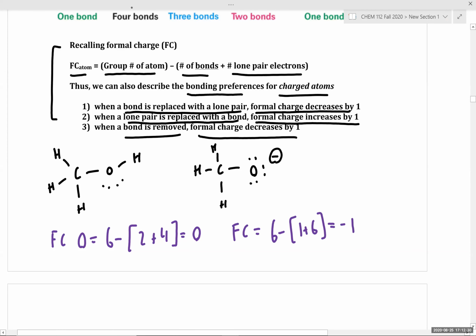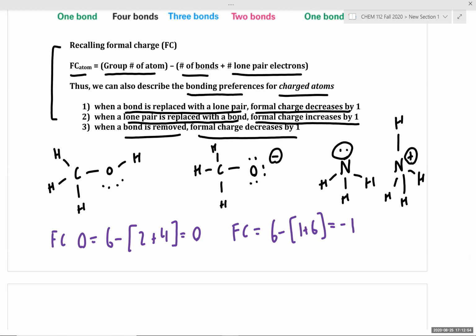A similar example that you can justify via a formal charge calculation is that when we go from ammonia to ammonium, we've replaced a lone pair with a bond, and as a result, the formal charge of nitrogen increases by 1. These shortcuts will allow you to quickly draw out Lewis structures and quickly calculate formal charges when you modify a starting structure.